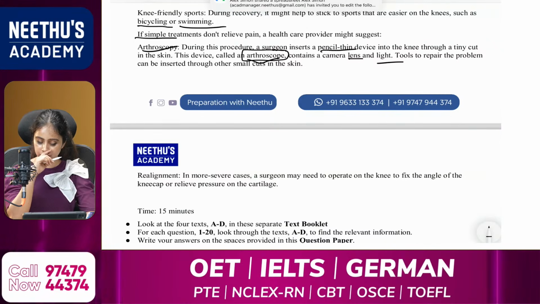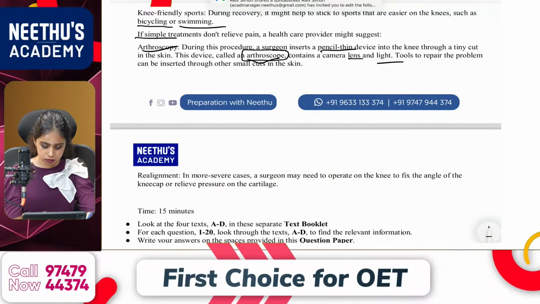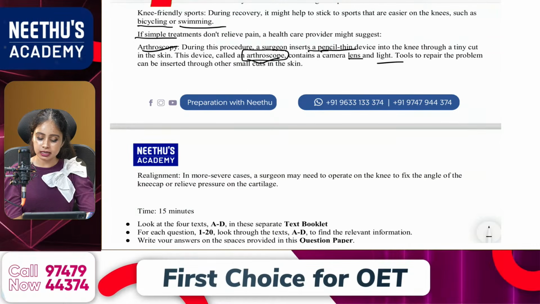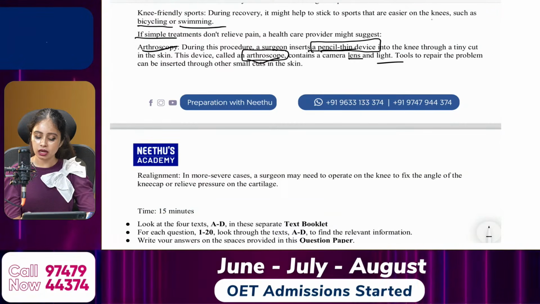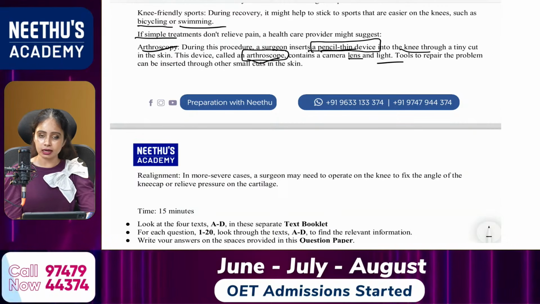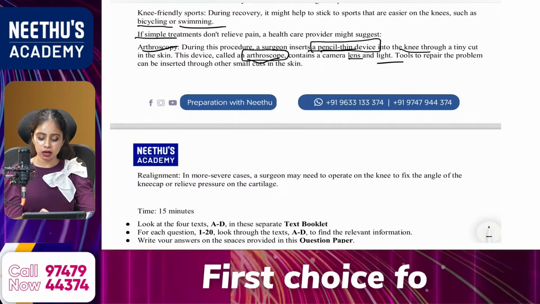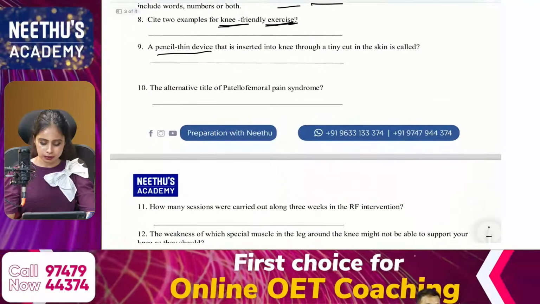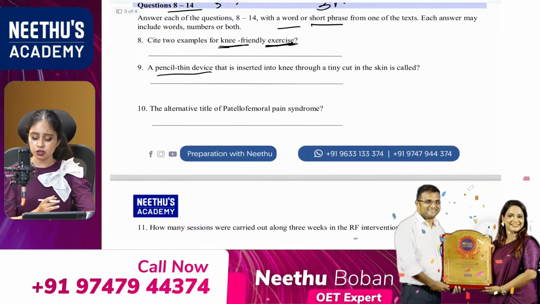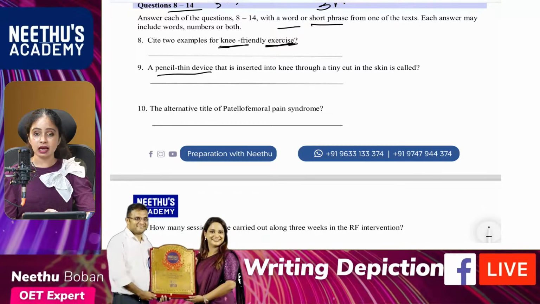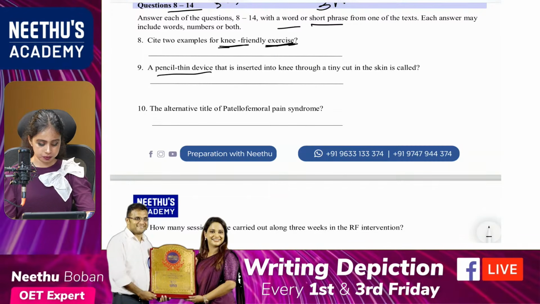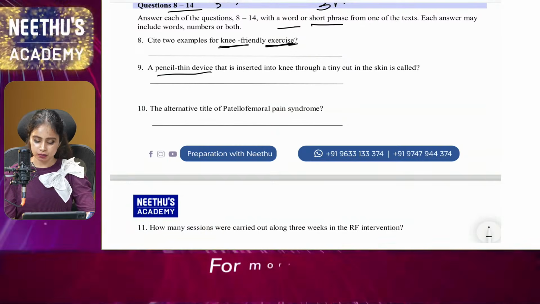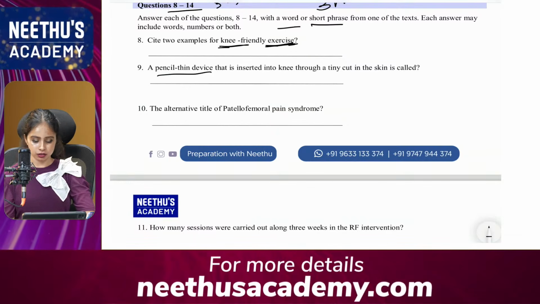In the previous line they have very clearly mentioned, during this procedure a surgeon inserts a pencil thin device into the knee through a tiny cut in the skin. So that name is arthroscope. Either you can write arthroscope or an arthroscope, because the articles are so important. So the answer is arthroscope.